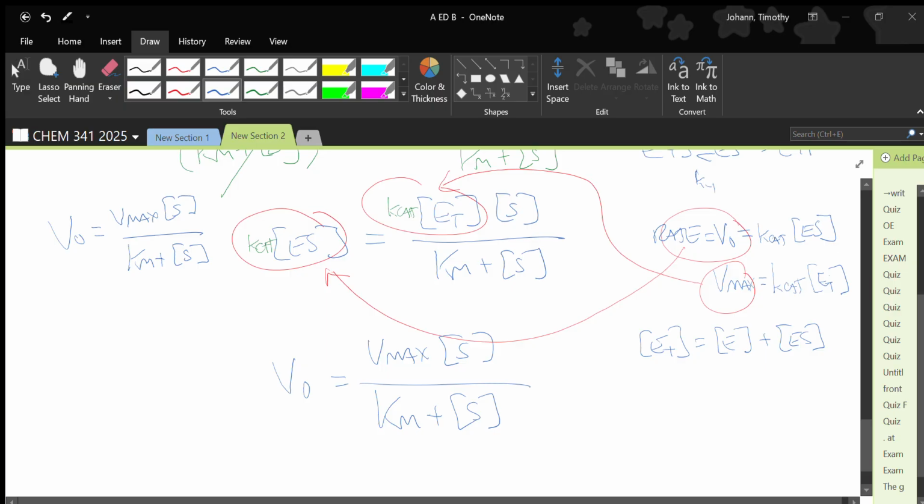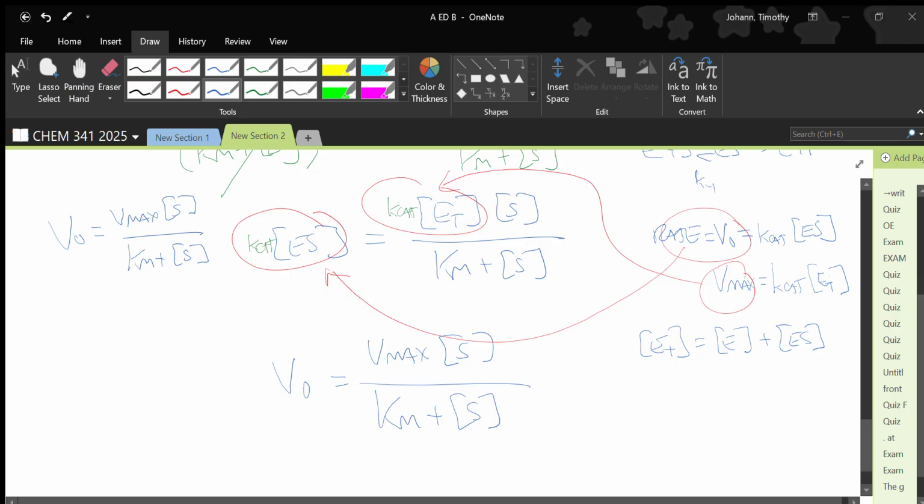As I add more and more substrate, more of the free enzyme ends up going into the enzyme substrate complex. And at some point, I've added so much substrate that it's all enzyme substrate complex, right? And that's when the reaction is going as fast as it can. It can't go any faster than always having enzyme bound to substrate. Does that make sense? And that's when E equals 0.